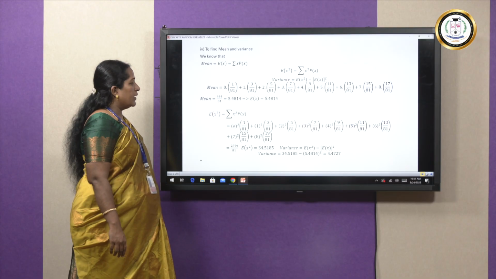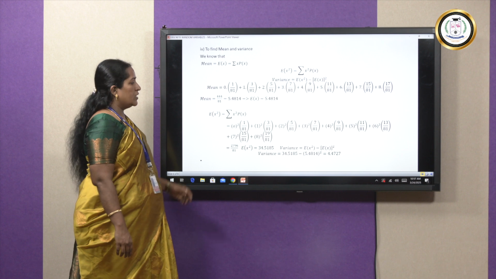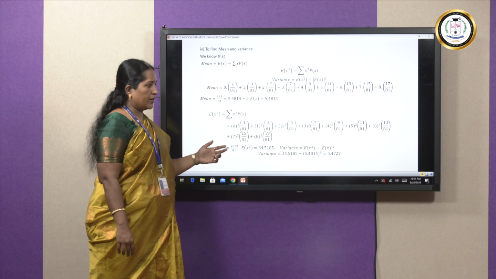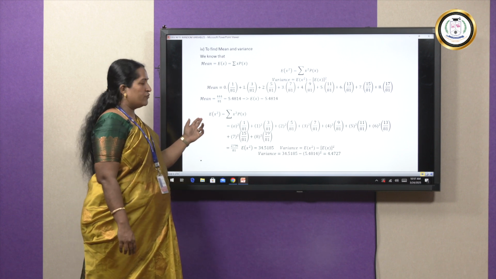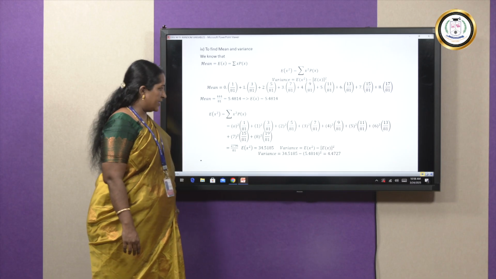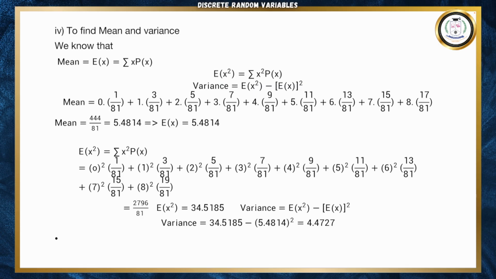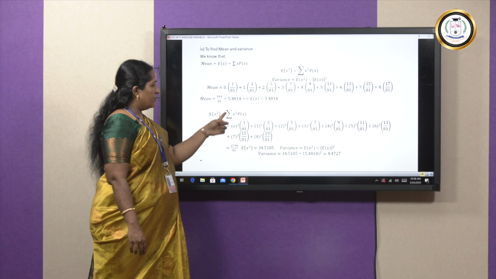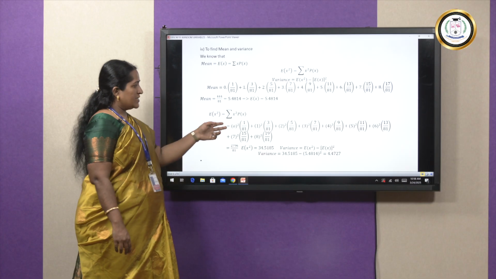Next, we want to find variance. For finding variance, we need to find expectation of x square. We shall use this formula for expectation of x square, that is summation x square p of x. When we apply x is equal to 0 and square it and multiply its probabilities, that is 0 square into probability of 0 which is 1 by 81, plus 1 square into probability of 1 which is 3 by 81, and so on.